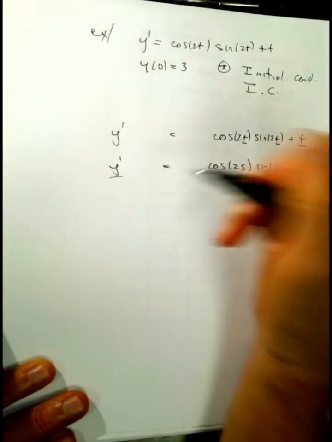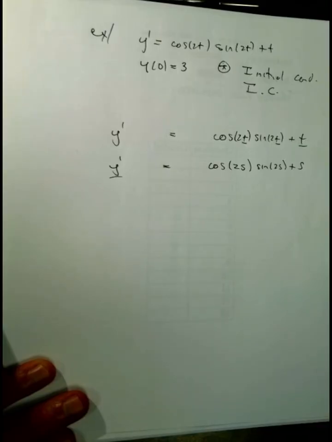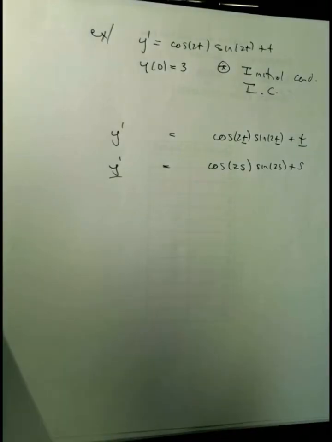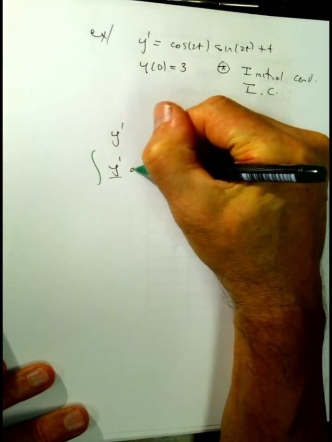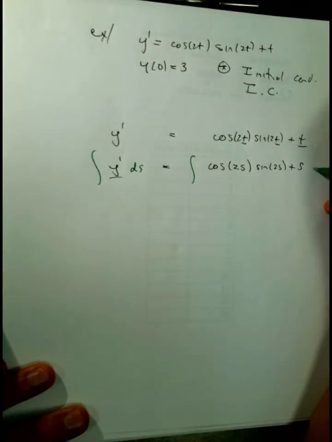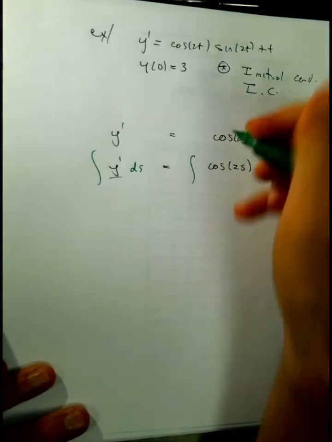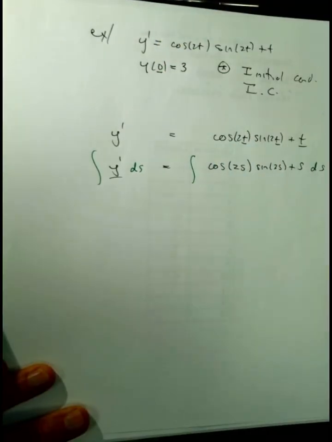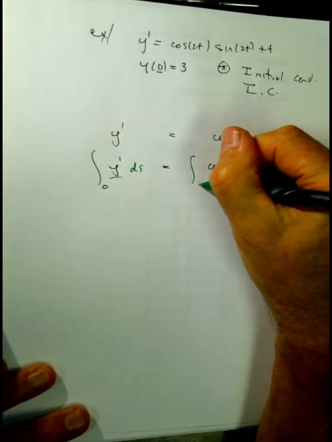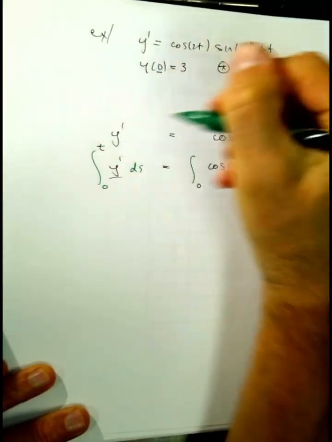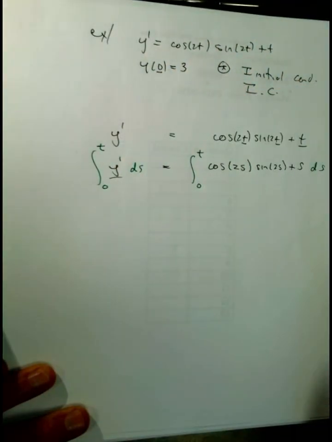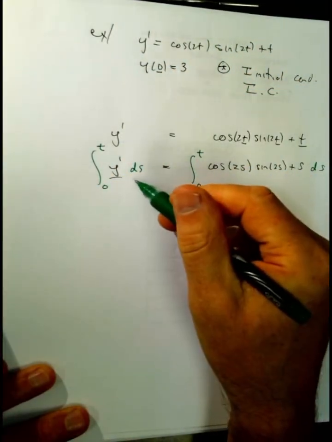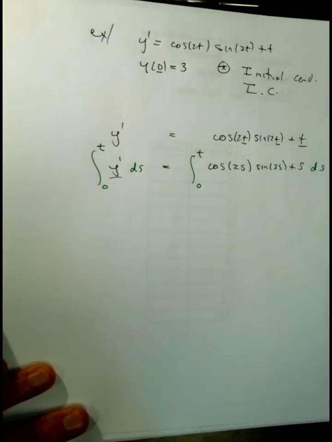And now this is dy ds. If I do that, I can now take an integral with respect to s, and because I know that I'm going to start at t equals 0, I'm going to take a definite integral, and I'm going to go to some unknown time t. This is now a function of time, and the right-hand side is now a function of time.